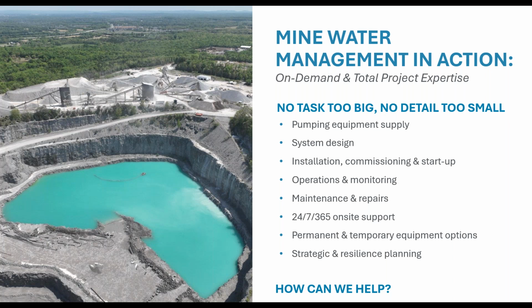So I would say that there's some limitations on the flow and head capabilities of submersible pumps, whereas vertical turbines are a bit more configurable to handle higher flows and certainly higher heads.